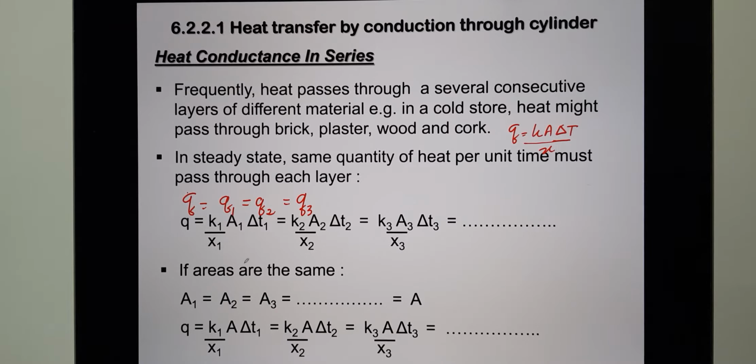Alright, so let's take example. Let's assume that the areas are the same: area 1 is equivalent to area 2 is equivalent to area 3. Then we can denote the area as A. This one A1, A2, A3, they are having the same value, so you can just use A. You do not need to differentiate between these areas because they are having the same size.